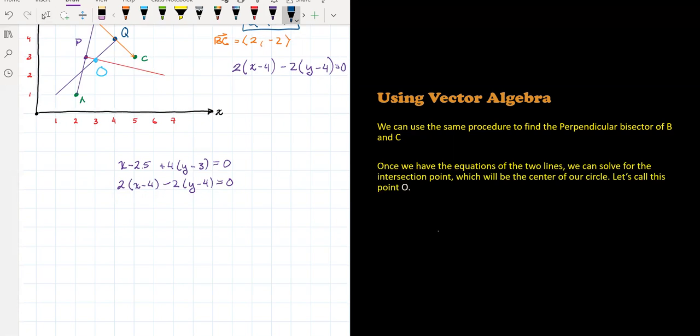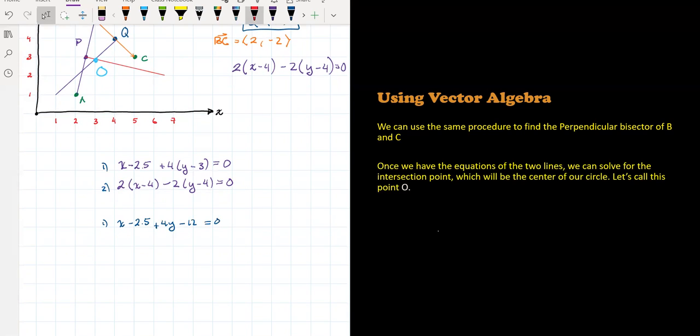So if I distribute the 4 in the first equation, I'll call this equation 1 and this equation 2. If I rearrange equation 1, it seems easier to solve for x. So we get x - 2.5 + 4y - 12 = 0. I may want to revert to fractions if I want a more precise answer.